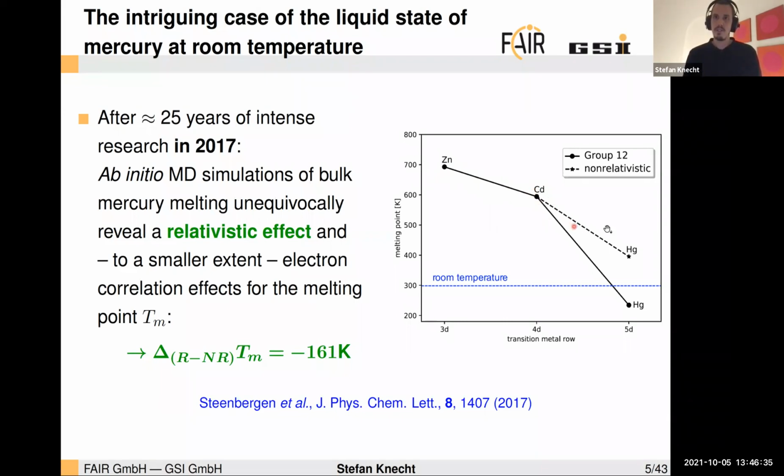If you look at this as a function of relativity, and I'll come to what we mean by that, then from a non-relativistic point of view mercury would actually be solid at room temperature. But if you include relativistic effects, there's a huge gain, and it melts about 160 Kelvin lower in temperature. That means it melts way below room temperature.